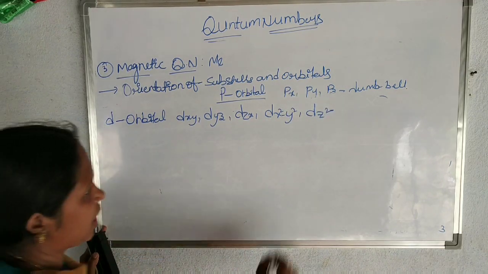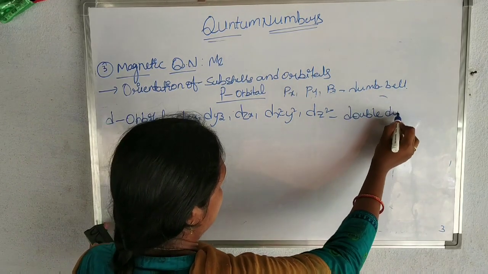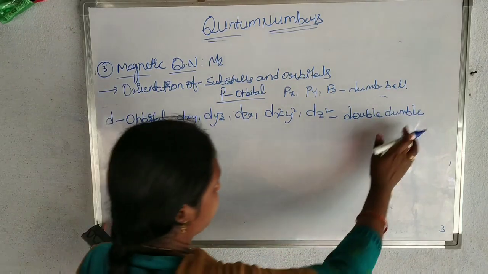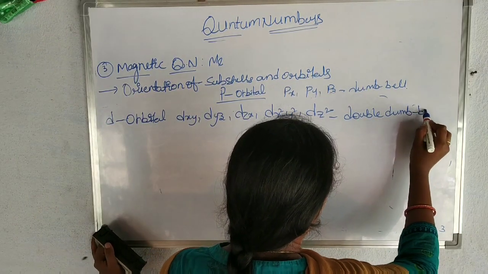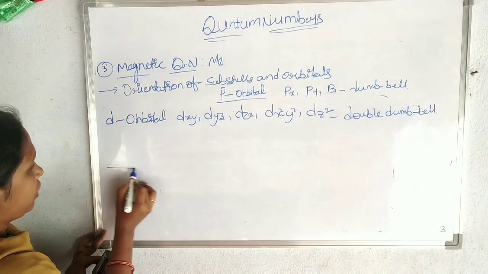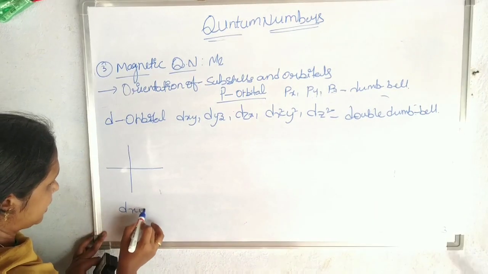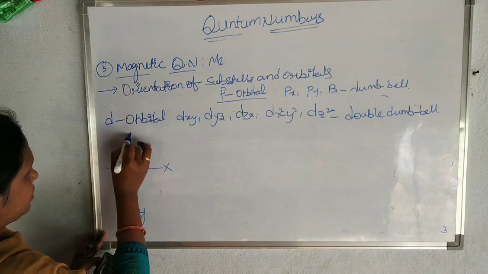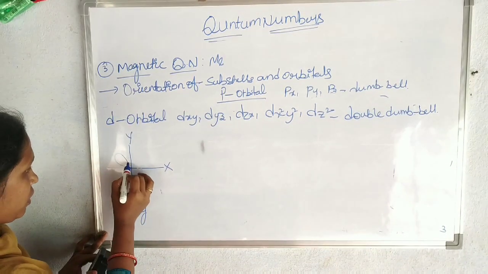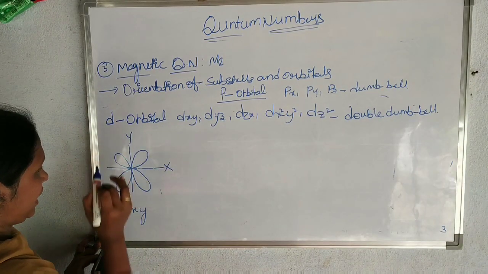Here the shape is a double dumbbell. See the orientation of the double dumbbell. In dxy, the 4 lobes are in between the x and y axes.